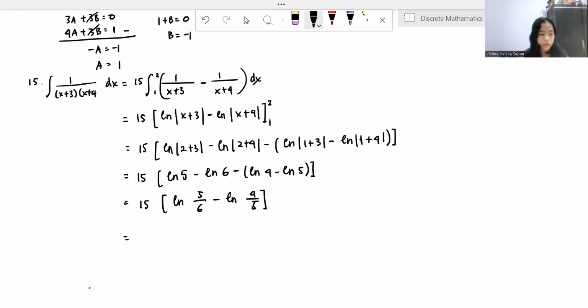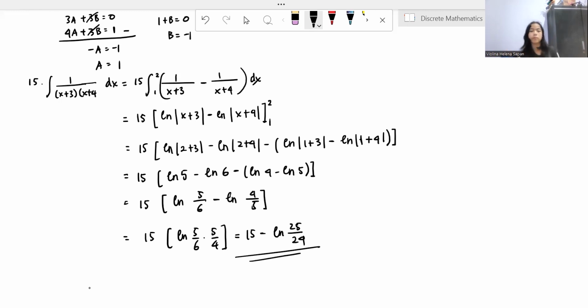And then the natural logarithm of 5 over 6 subtracted by the natural logarithm of 4 over 5 means this 5 over 6 will be divided by 4 over 5. So we'll get this, and the result is 15 times the natural logarithm of 25 over 24. That's it.